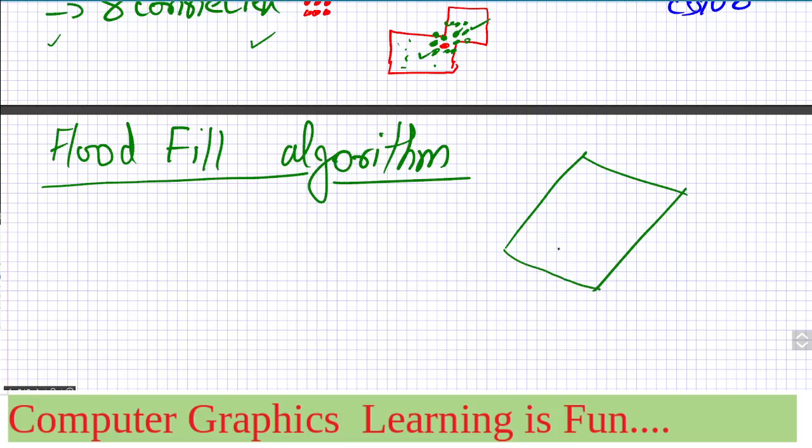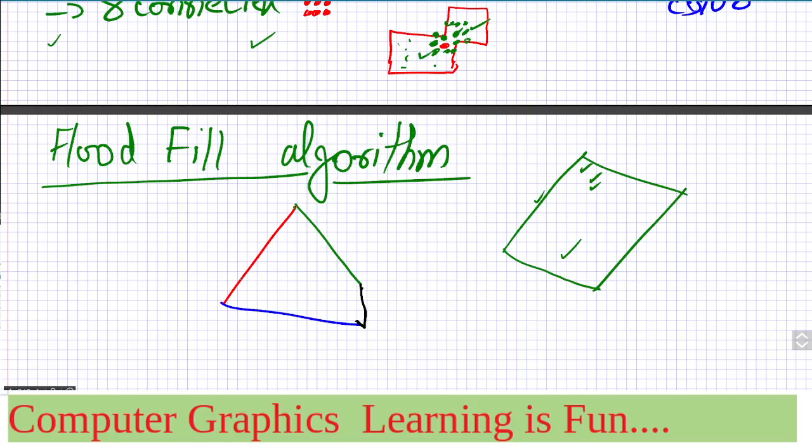So usually it can be called filling or recoloring. You have to see what color the interior is. Definitely on the boundary they will have a different color. Now these colors may not be the same for all. It can be like this, it may be like this.